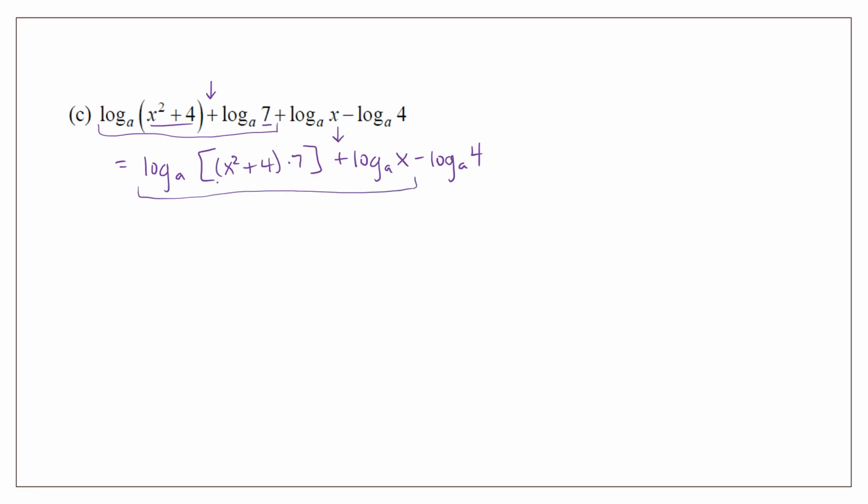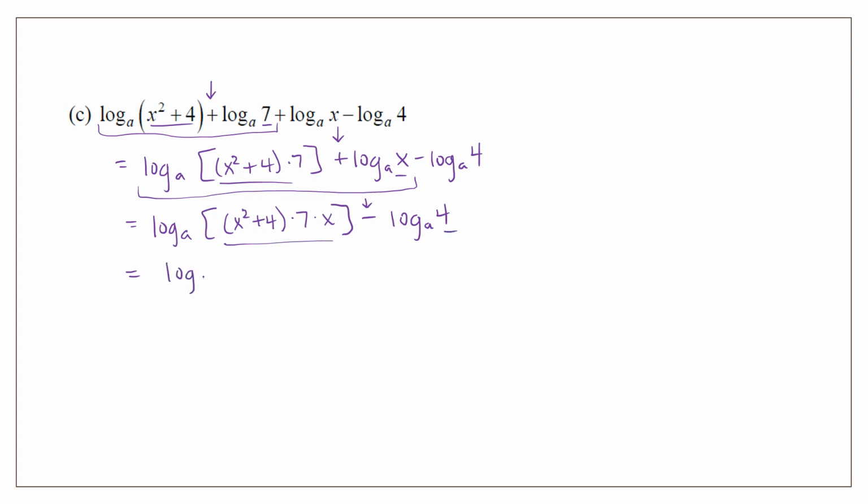It's being added, so we're going to multiply. So log base A of x squared plus 4 times 7 times x minus log base A of 4. Okay, so now we only have two logs and it's being subtracted, which means we're going to divide these two.